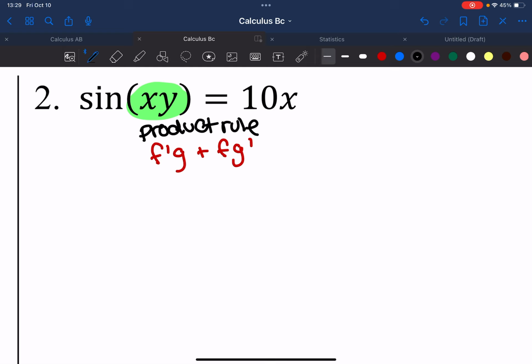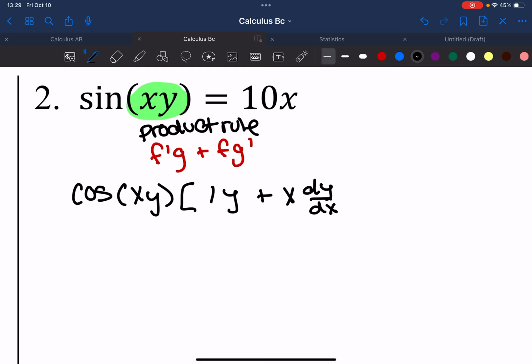The derivative of sine is cosine, so this is cosine xy. And then I would have to take the derivative of the inside, which is x times y. So this would be 1y plus x dy/dx is equal to 10. I can divide both sides by cosine xy.